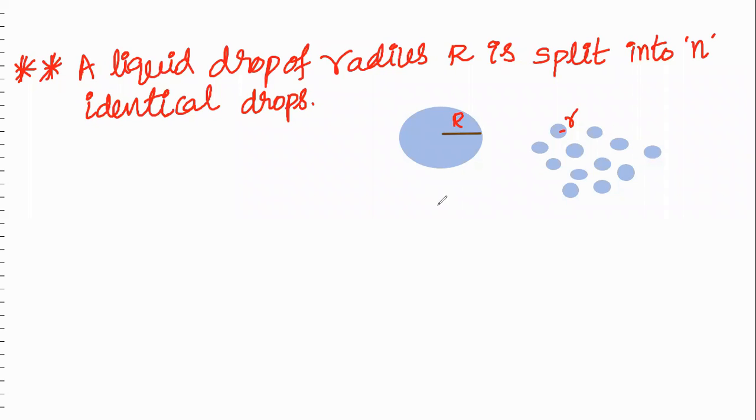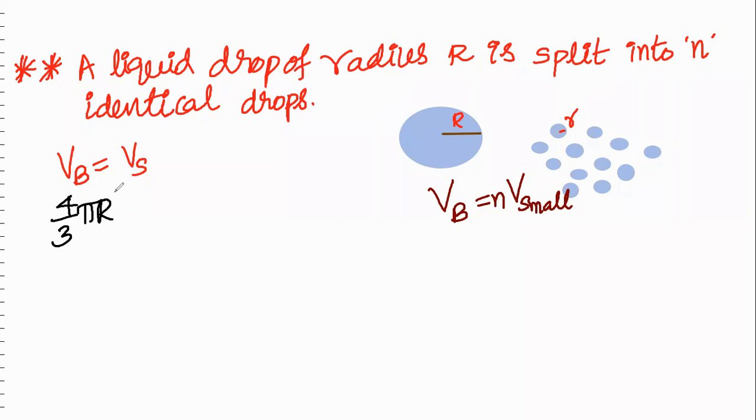Then we'll say that the volume of the big drop is equal to the volume of all n small drops. Volume of the drop is 4 by 3 pi R cube, and n into 4 by 3 pi r cube.